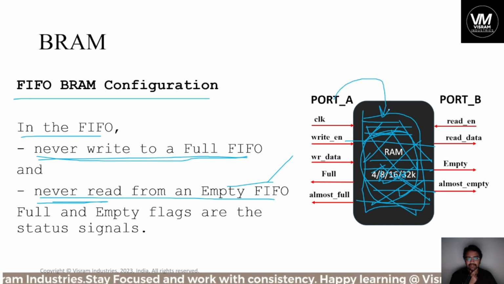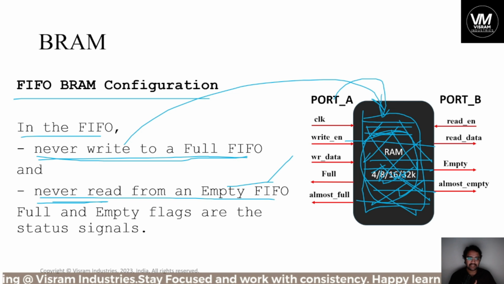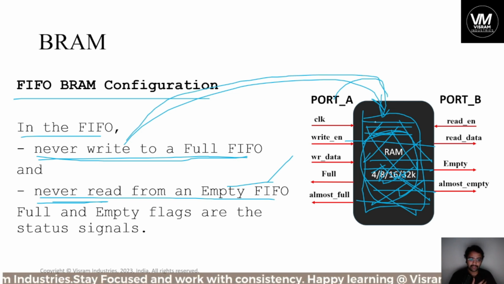For example, as I explained in the FIFO implementation, take a shelf where you have kept every book and there is no space left. Can you keep another book? No, you can't. But what if there is some space? Then you can keep another book. Likewise, you can't accommodate the data by writing into a full FIFO.